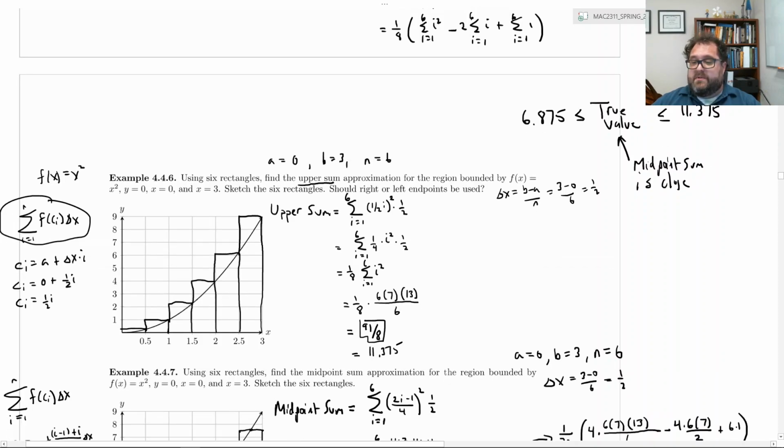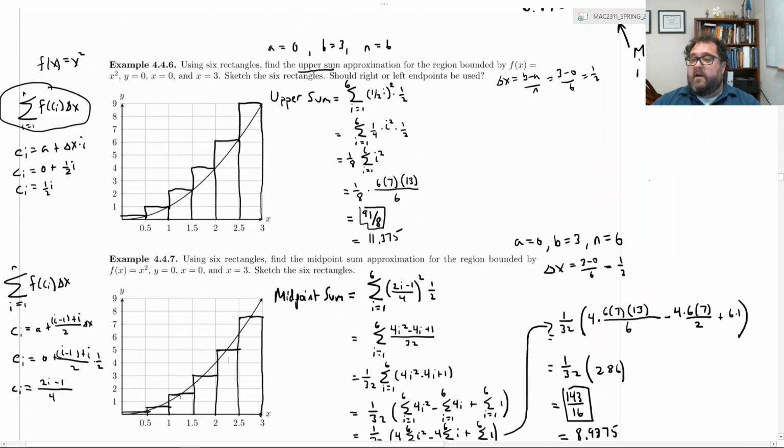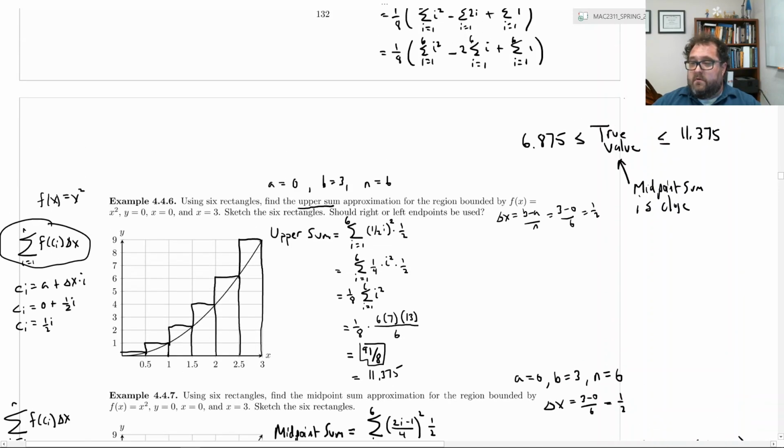And the midpoint sum was what? It was 8.9375. Okay? So, what's the actual answer?